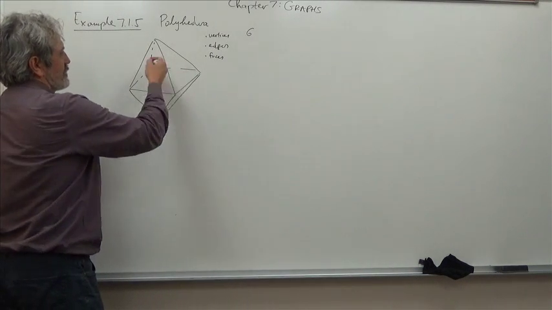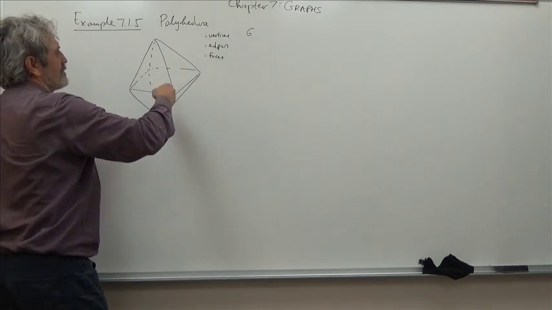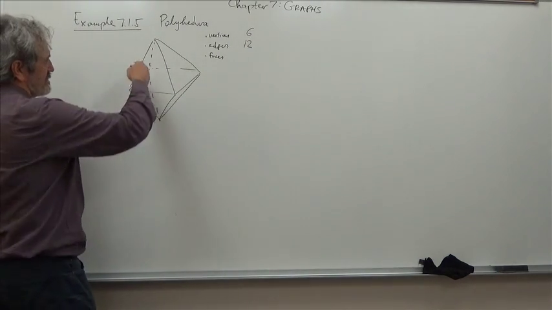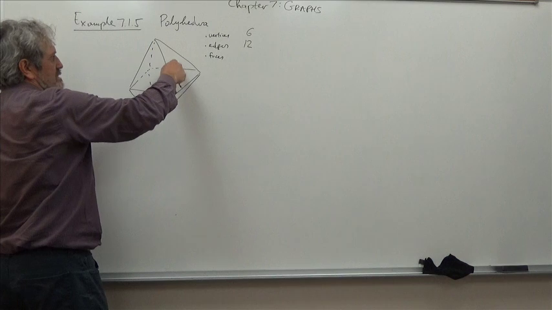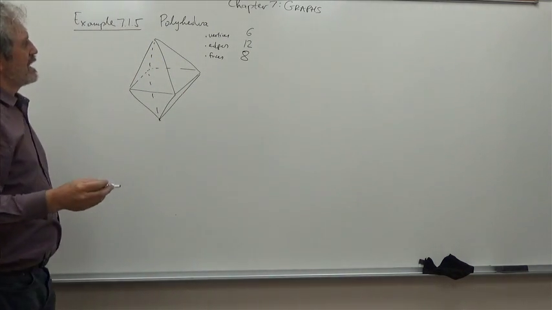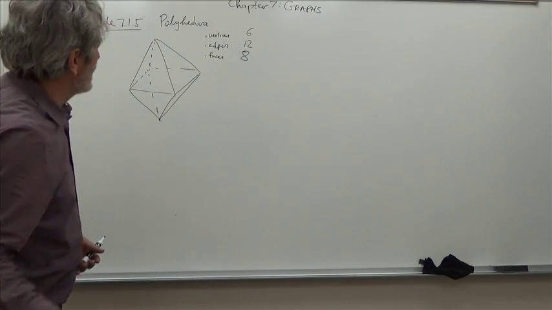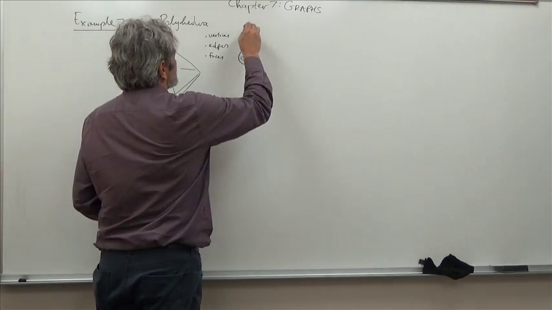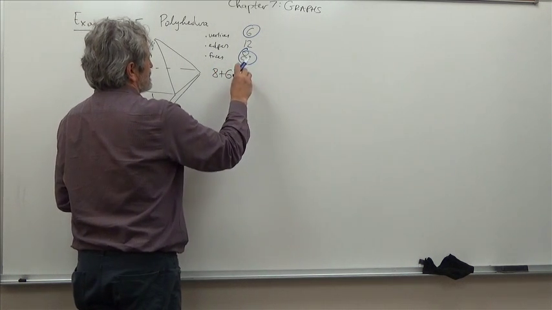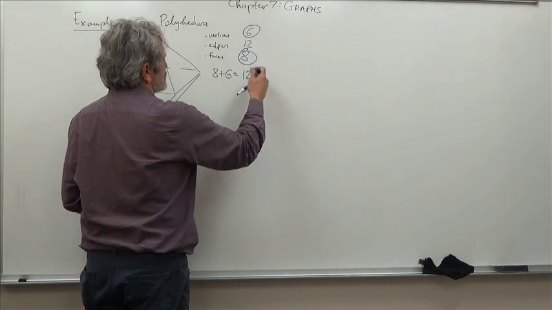What about edges? 4 on the ground, 4 above, 4 below, so that's 12. How many faces do we have? 4 above the ground, 1, 2, 3, 4, 4 below, so that's 8. And what's interesting, when you add up faces and vertices, which is 8 plus 6, we get the number of edges plus 2.